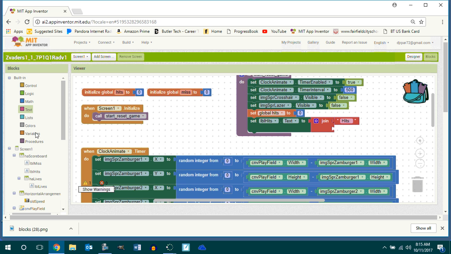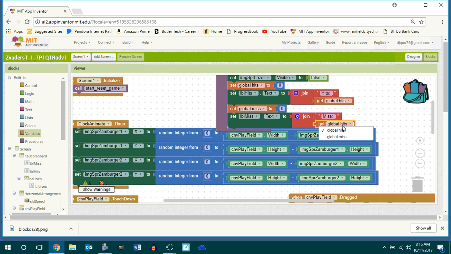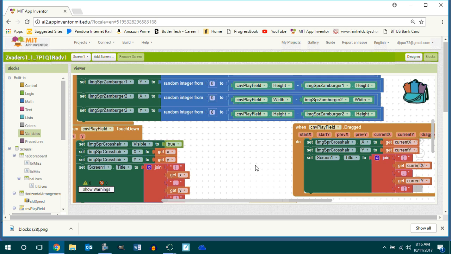And then here you're going to get the hits. And then I'm going to do the exact same thing for misses. Duplicate this. This is going to be LBL miss, and this is going to be miss, colon. And this is global miss. All right, we're done there.